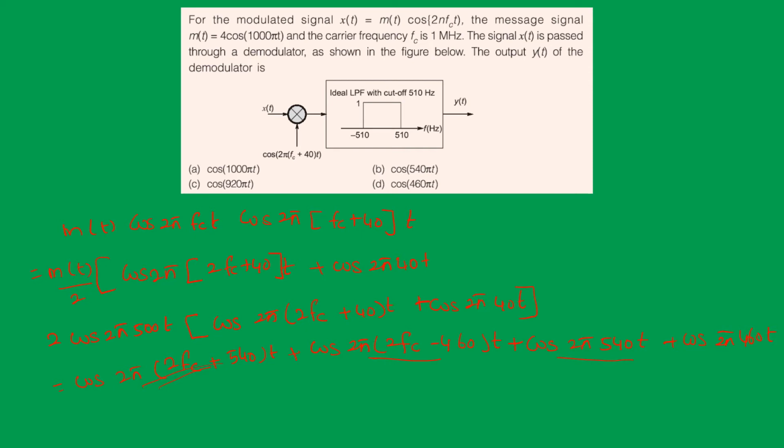So the output will contain only cos 2 pi 460 t. That is our required output, cos 2 pi 460 into t, which is nothing but cos 920 pi t. This is the required answer.